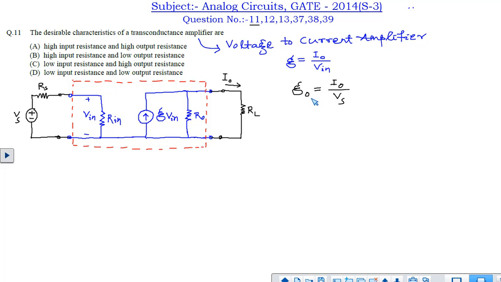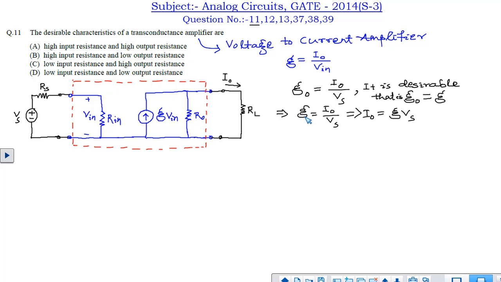So overall transconductance gain is nothing but the output current divided by the source voltage, that is Vs. For an ideal transconductance amplifier, the arrangement should be such that the overall transconductance gain must be equal to or very close to the transconductance factor or transconductance gain of the transconductance amplifier.